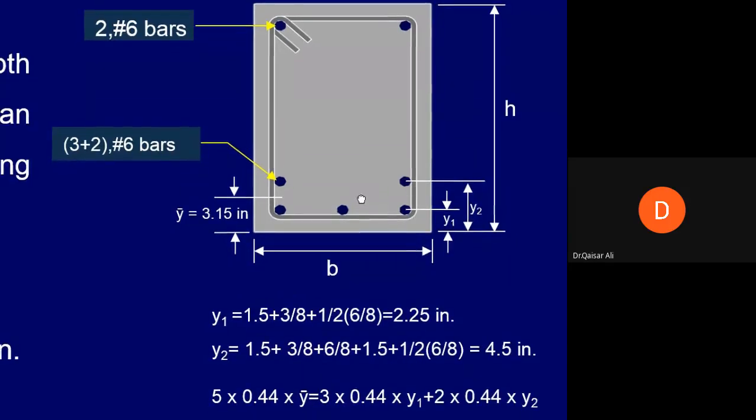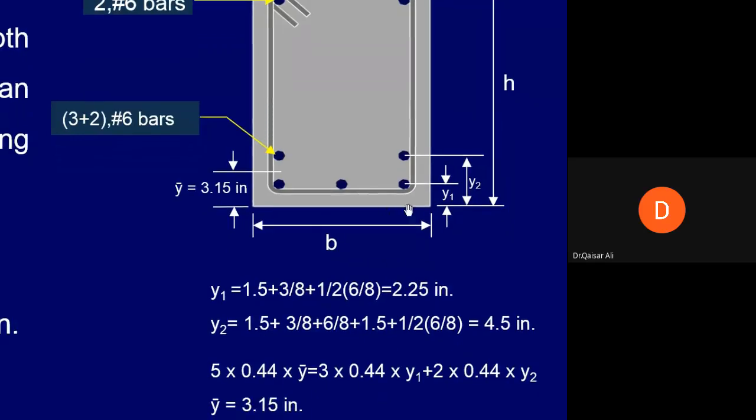How? We can take a moment about the bottom of the beam for the whole area of 5 number 6 bars, so 5 multiplied by 0.44. Because we do not know the centroidal distance, for this y bar we will assume y bar in the beginning.